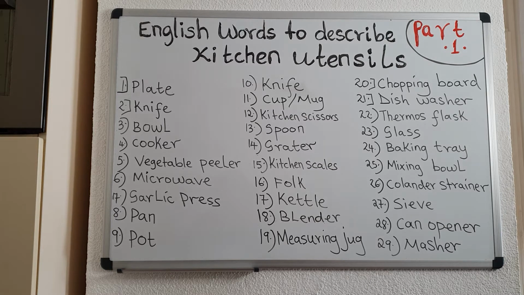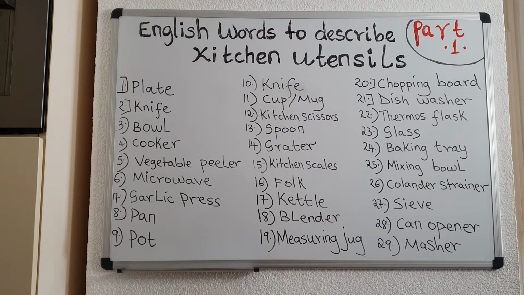The next word is bowl. Now, this is a deep container which we use, for example, to serve soup. It is usually a small, deep container which we use to serve soup.